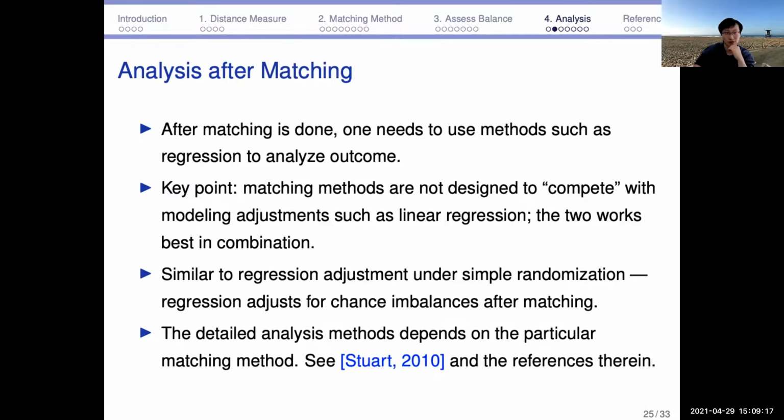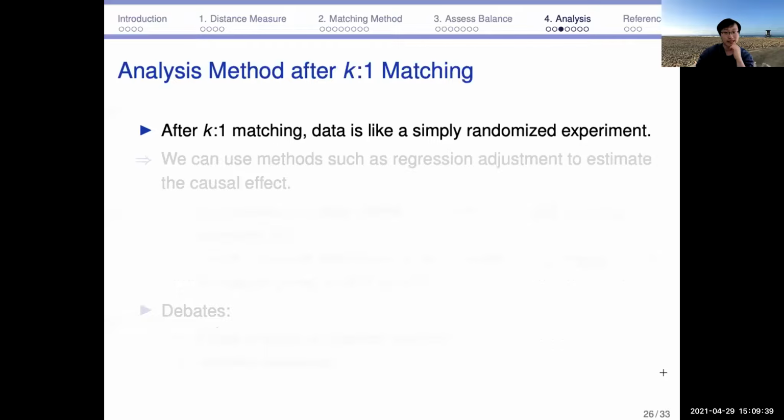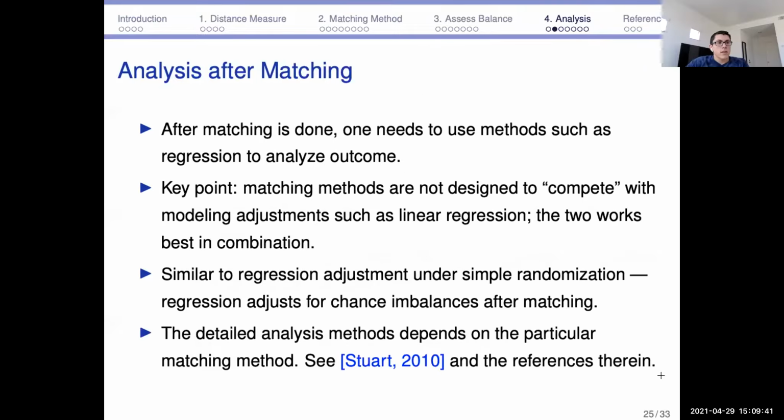Do you use with or without replacement, etc.? This is a nice review paper that has a lot of references to different types of methods. If you encounter a particular method in research, you can check out this paper. For today, we'll look at analysis methods.